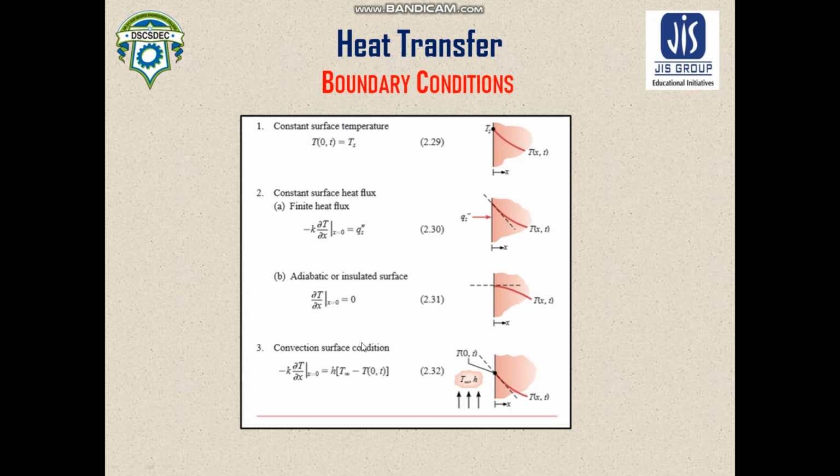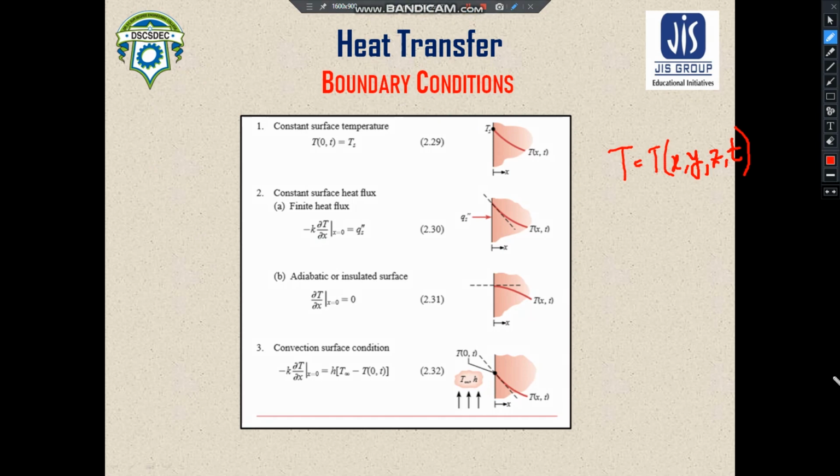So here you can find four different cases. Since we know that temperature at a certain location can be described as a function of the space coordinates along with the time coordinate, T is a function of x, y, z and t. These three are the space coordinates and t is the time coordinate.